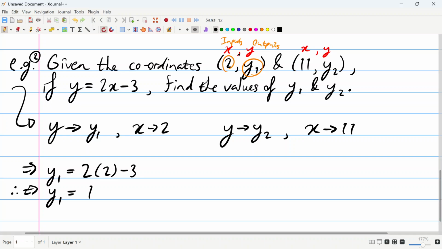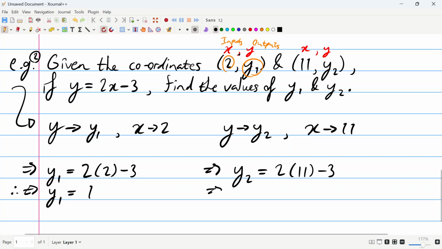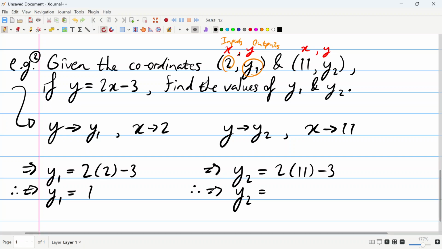Okay. Then what's going to happen is we are going to have y2 in place of y is equal to 2 multiplied by 11 minus 3. And then therefore y2 is just going to be equal to 2 times 11, which is 22, 22 minus 3, which is equal to 19. Okay, and there we go. We just found the value of y2.